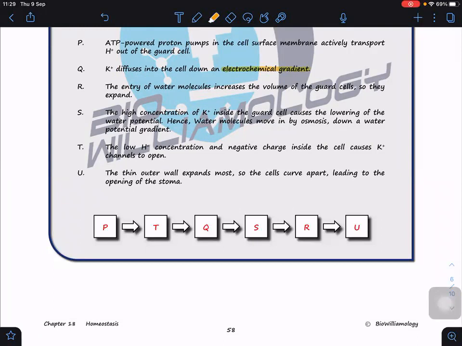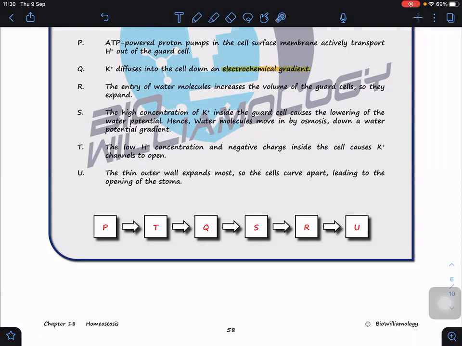So it creates what we call the electrochemical gradient. And outside, with too many positive ions, the positive ions repel each other. And inside lacks positive ions, more negative ions. So this creates the potential to drag the positive ions in. But only the K plus ion channel is open, right? So no other ions can move in, only K plus, or potassium.